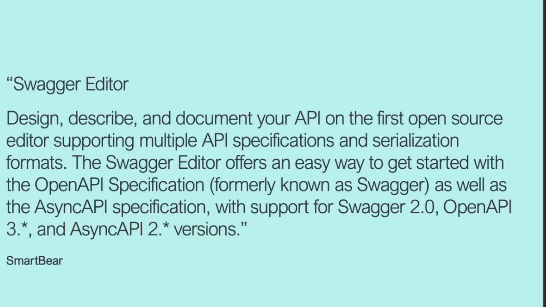Obviously, there are some differences between OpenAPI specification and AsyncAPI specification, which we are not going to cover. But to a certain extent, you should see AsyncAPI specification as a superset on top of OpenAPI specification.